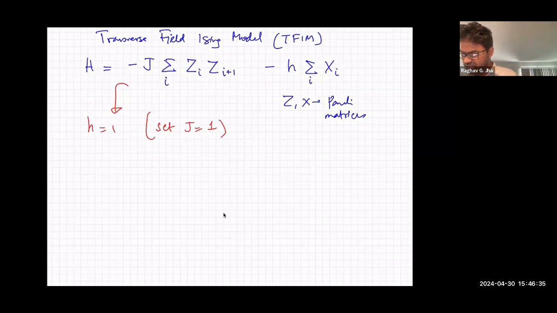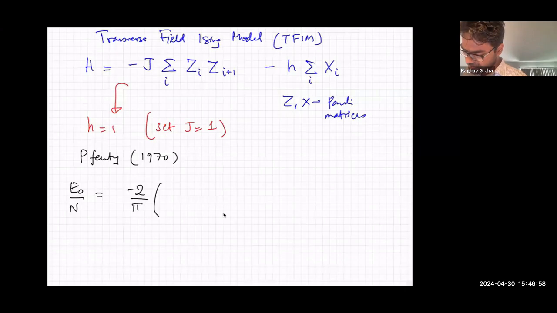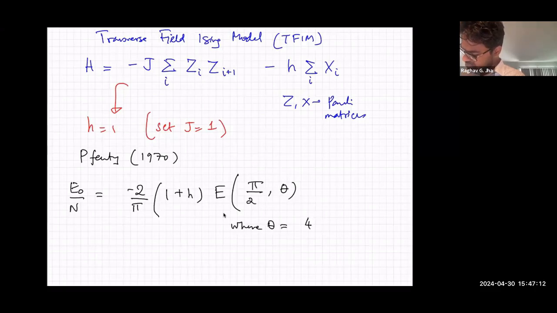But in this case, we have a transition because of this Z2 symmetry in the thermodynamic limit, and this model was studied by people in the 1970s. There's a result from this paper which says that the ground state energy of this Hamiltonian is equal to 2 over pi times (1 plus h) times an elliptic function of the second kind with arguments pi over 2 and theta, where theta is 4h over (1 plus h) squared.